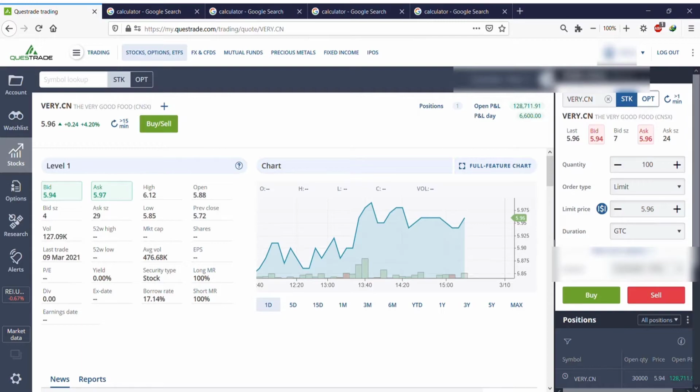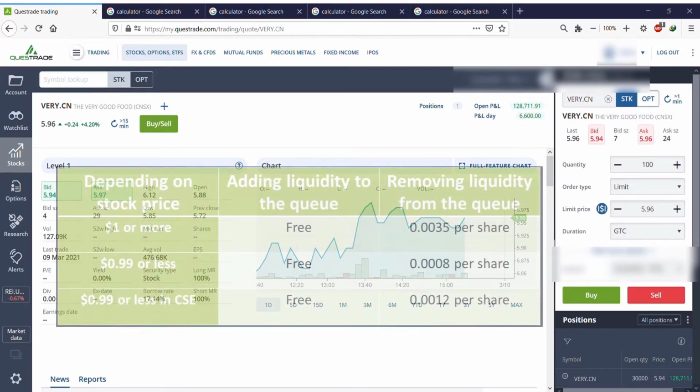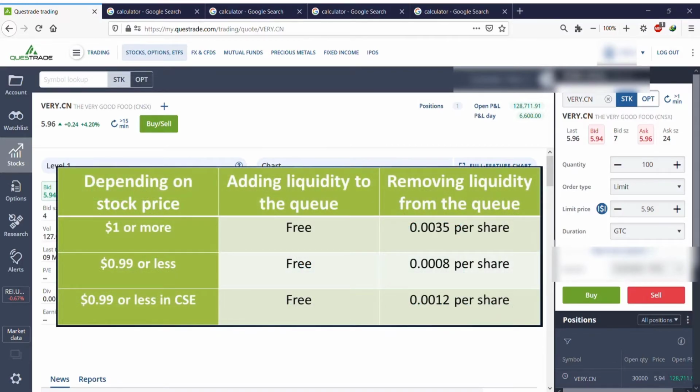Okay? So now let's talk about the ECN fees. When you want to buy, if you remember the chart that I talked about, I asked you to take a screenshot. The chart shows that if you want to buy a stock which is $1 or more, the ECN fee is 0.0035.